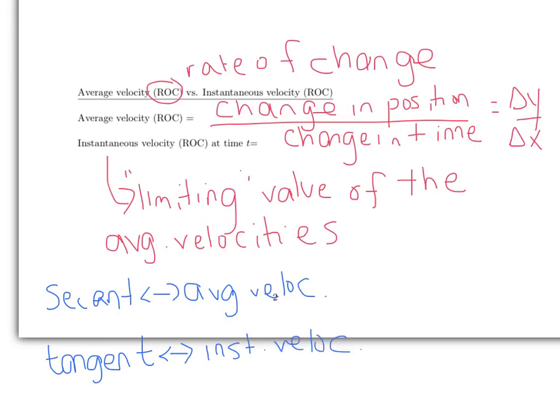So that's the big idea for this section: we have two things, secant lines and tangent lines, and we're going to use secants to approximate tangents. Similarly with velocities, we can always calculate average velocities really easily. It's just a subtraction. And we're going to use average velocities to approximate instantaneous velocities. And we'll look at plenty of examples on Wednesday.